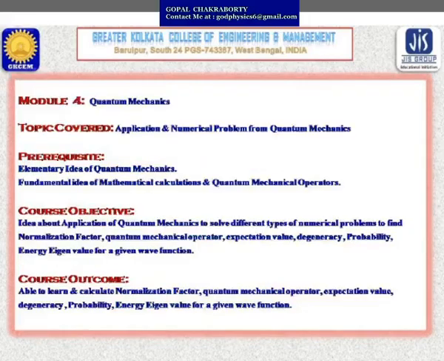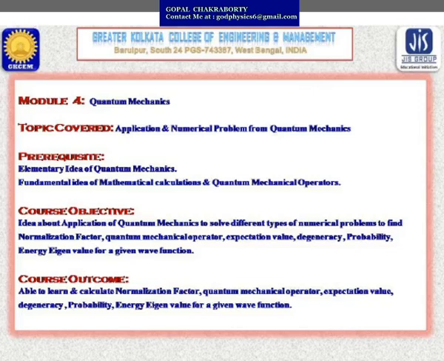Now, in today's class, the topics that I am going to discuss are applications and different numerical problems from the chapter Quantum Mechanics. This is under module 4, that is Quantum Mechanics.